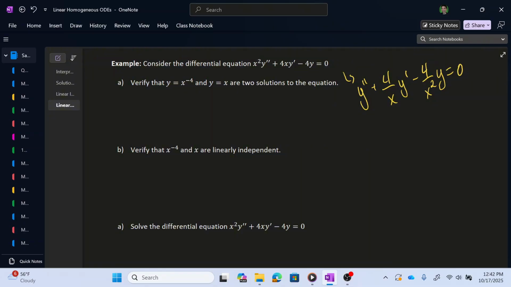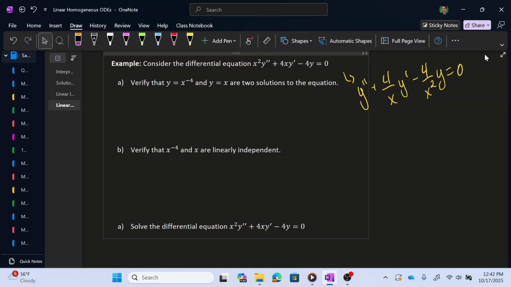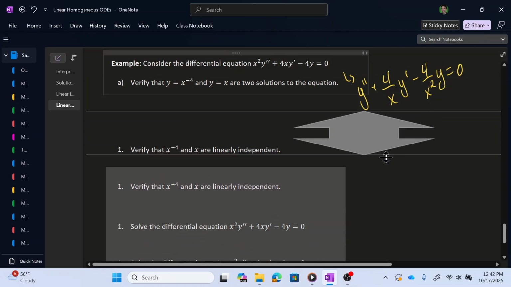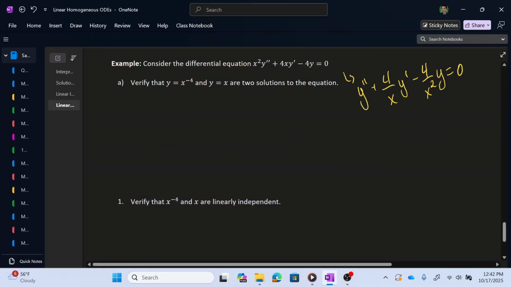So this is second order linear homogeneous. All I need to do to solve this equation is come up with two independent solutions, and then I know that every other solution in the universe has a format from just combining those first two.